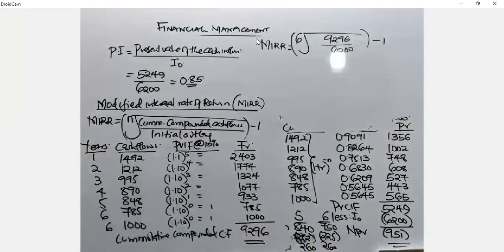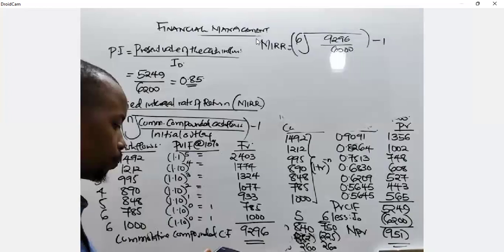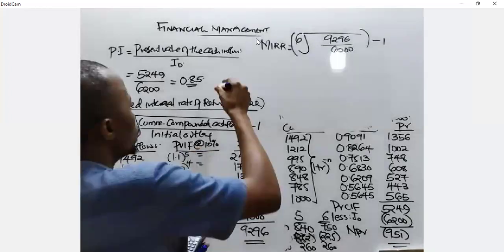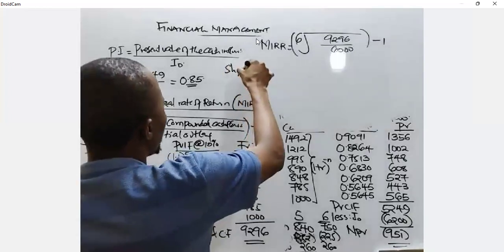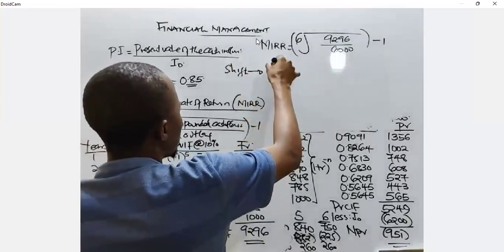So let us start with 9296, divide by 6,200. Then we have the number of years, which is 6. You press it, then you press shift on your calculator.